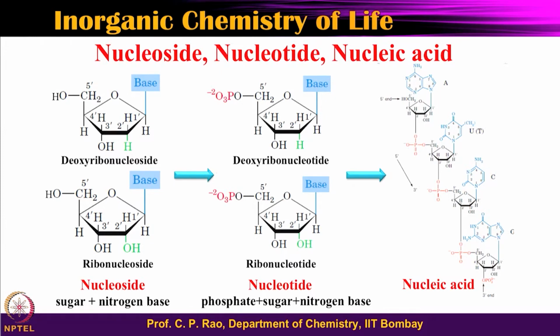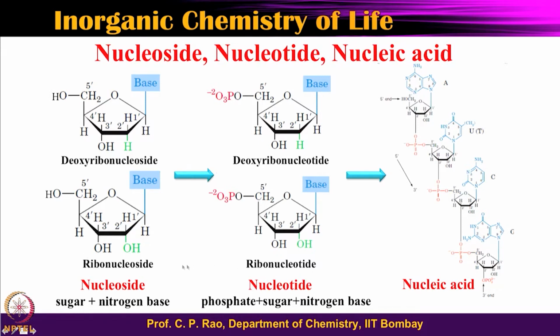Therefore, this is called deoxyribonucleoside, and on this side you have the additional unit, the phosphate. Once you have the phosphate, sugar and the nucleic base together, it is a nucleotide, so this is called deoxynucleotide.